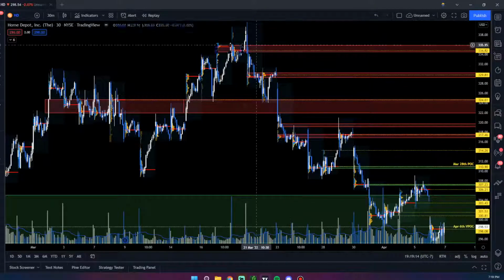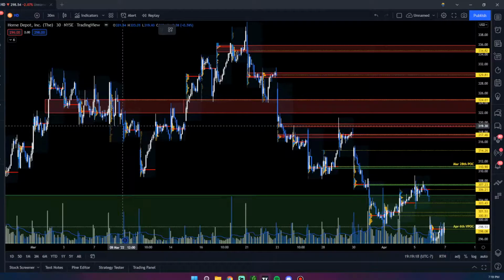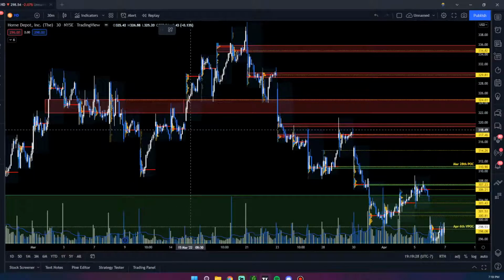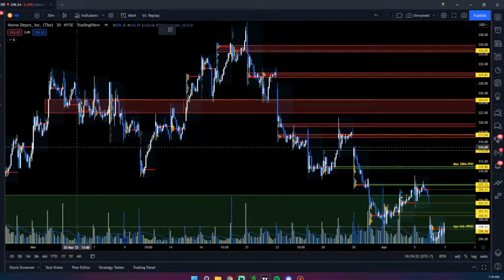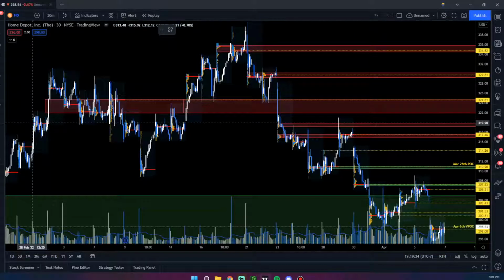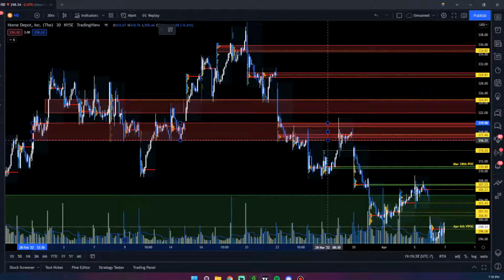So anyway, for HD, these are going to be my main levels. I would probably also grab these POCs here, because I have a POC here, here, here, here, here, and here. So this whole area, I would expect choppiness.